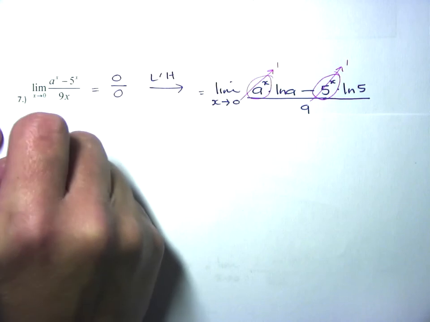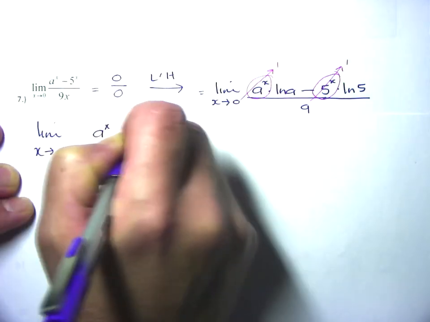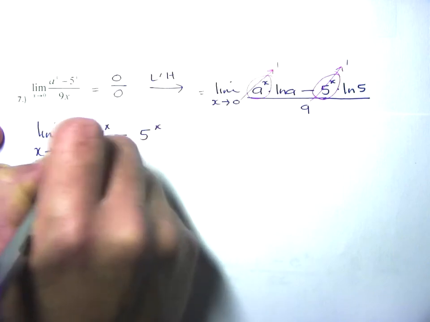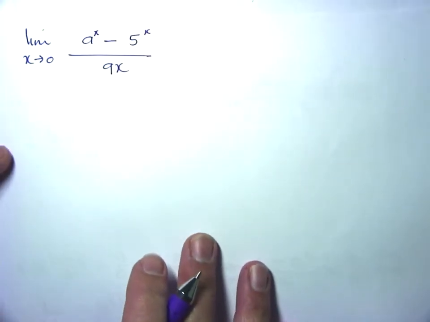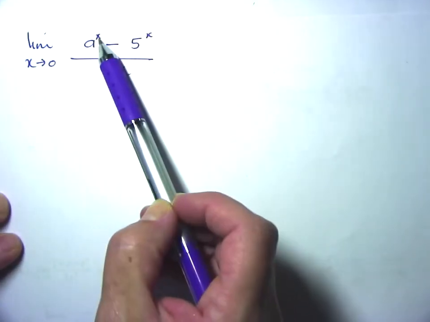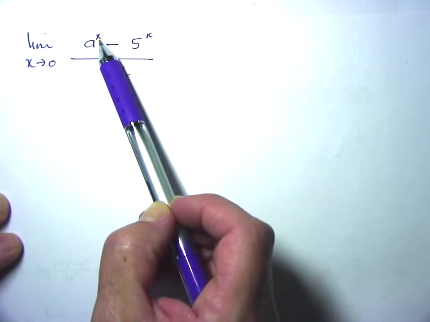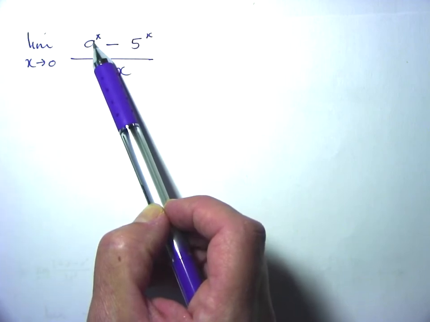The limit as x approaches 0 of a to the power x minus 5 to the power x divided by 9x. So if I ask you to go ahead and take this limit, if you plug 0 in there, a to the power 0 is equal to? Anything to the power 0 is equal to 1.